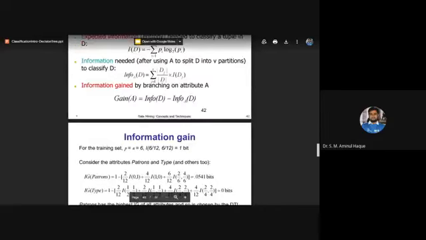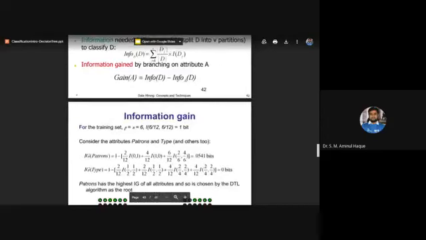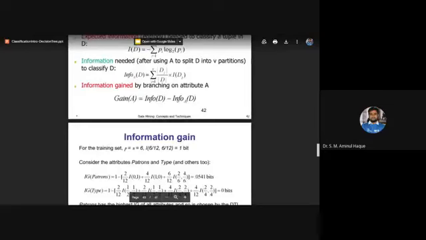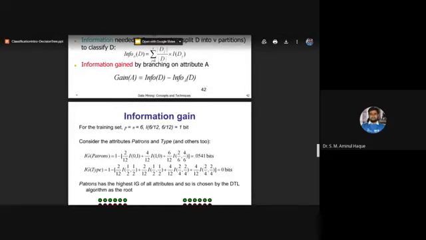Here A means attribute. So here we are calculating the information gain for the patron attribute, and then we are calculating the information gain for the type attribute. So they have shown the information gain for 2 attributes.